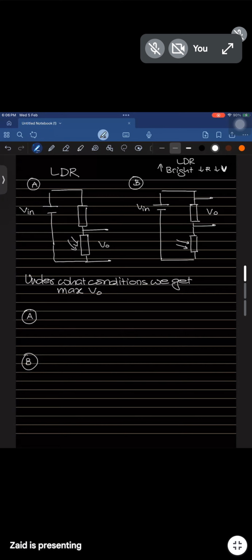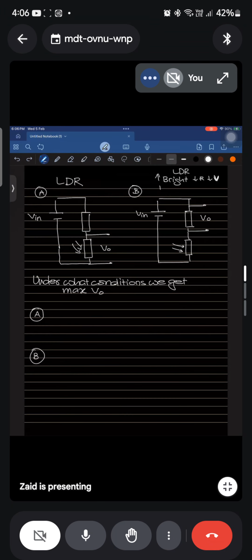And when we decrease the brightness, that is under dark conditions, you'll have more resistance and more voltage. Okay. I need to have a greater V out. Just think about it and tell me. One minute. Be quick.